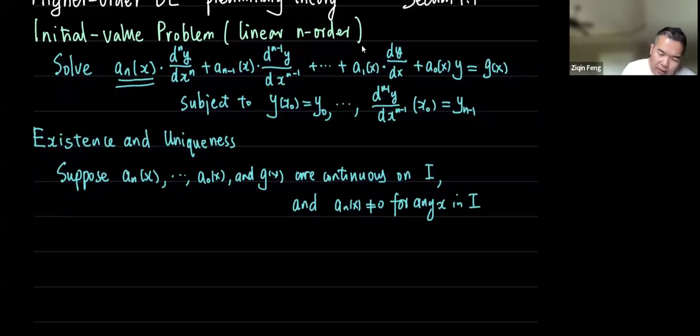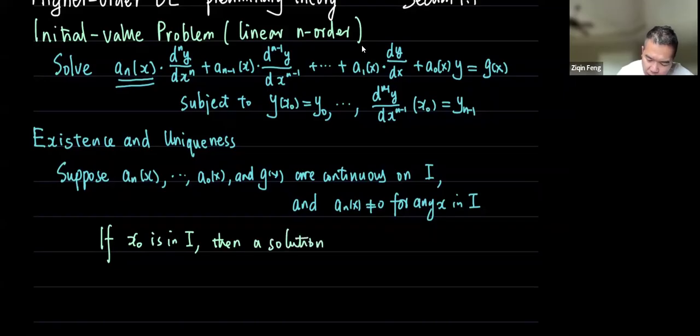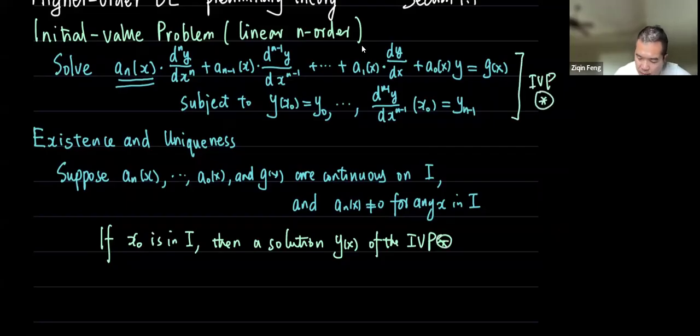So if x0 is inside our interval, then a solution y of x of the initial value problem, which is our initial value problem here, IVP star, exists on I and is unique.